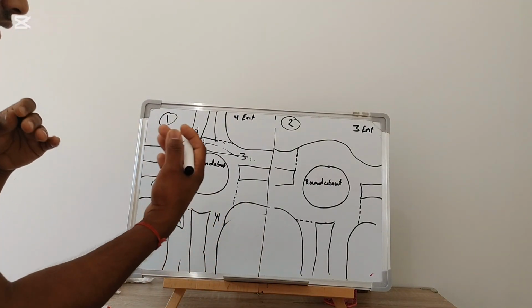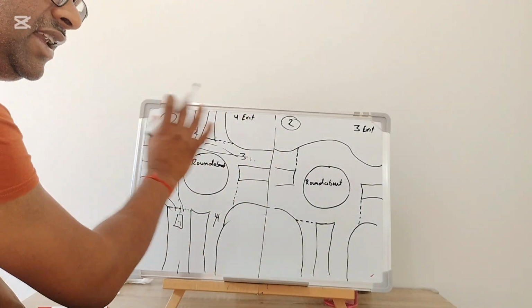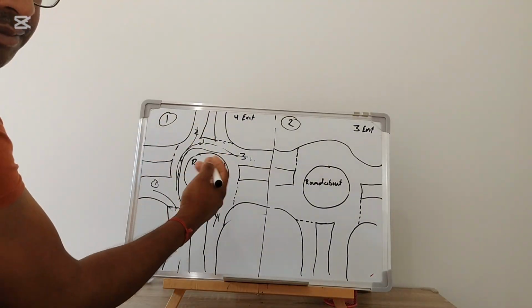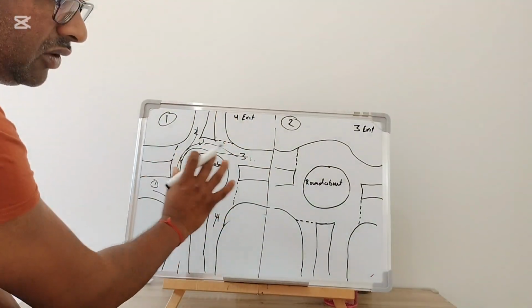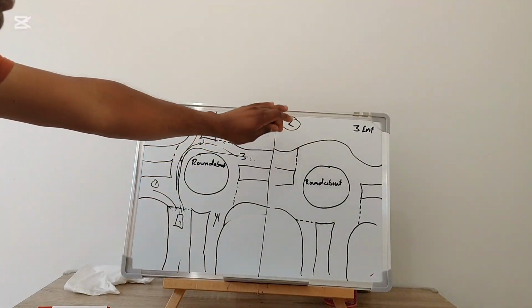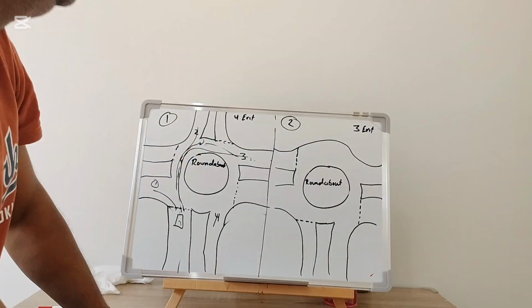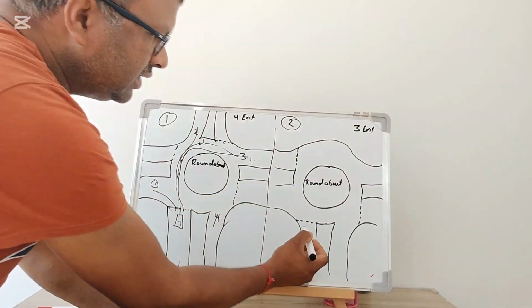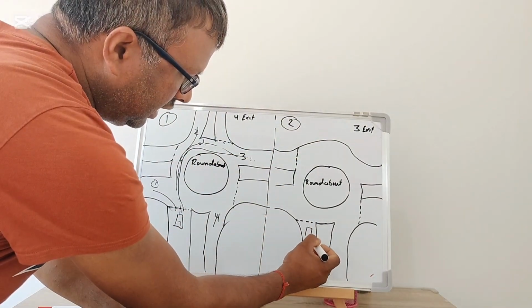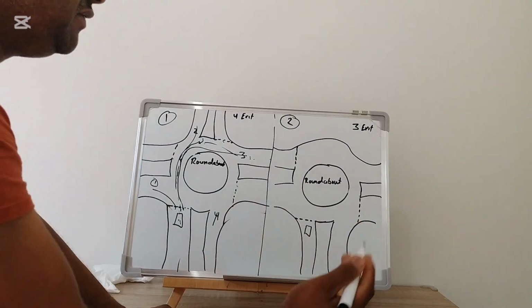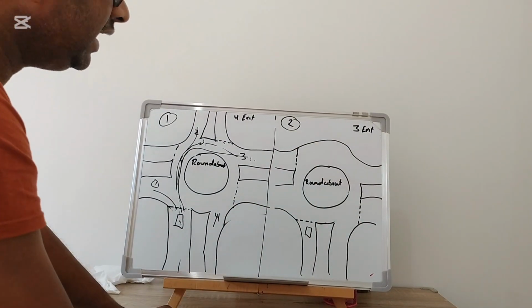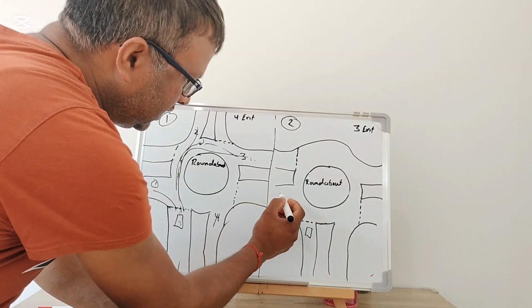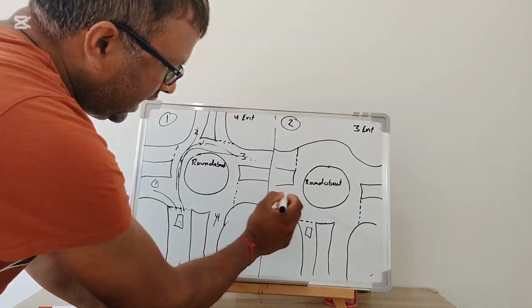But this is when you have enough time, when it's practicable. Otherwise you don't have to worry. So now we come to the 3 exit roundabout. Same, if you are here and your testing officer says next roundabout, take the first exit. So this is your first exit.